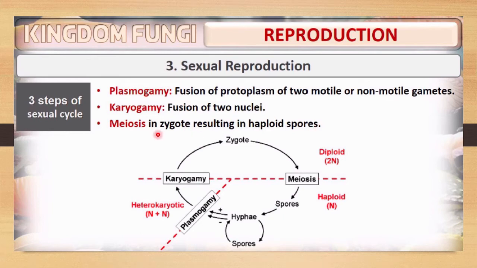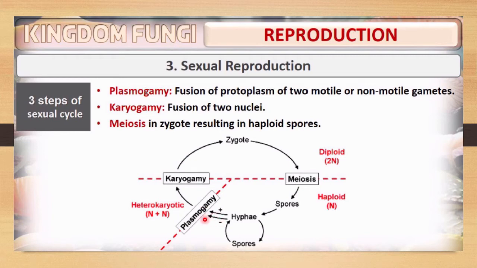The zygote is diploid, and if it undergoes meiosis, it will result in haploid cells. Let me repeat. Suppose this is a haploid cell, that is the spore. These spores will convert into hyphae, further produce spores and convert into hyphae, and then these haploid hyphae will undergo plasmogamy, the fusion of protoplasm.